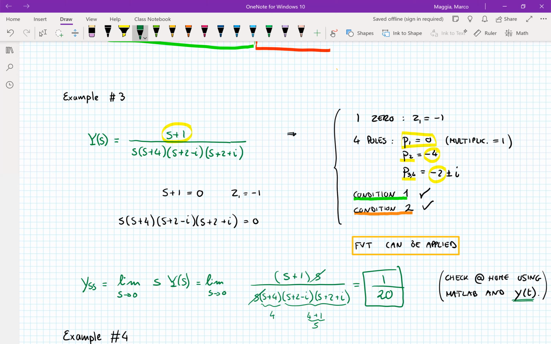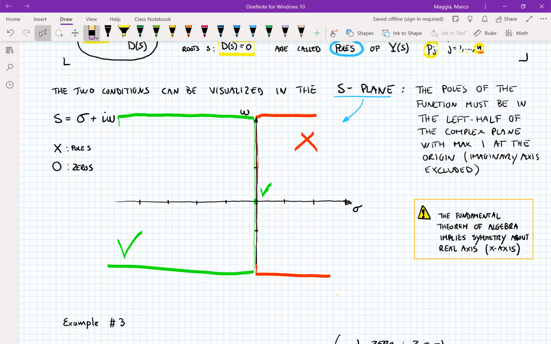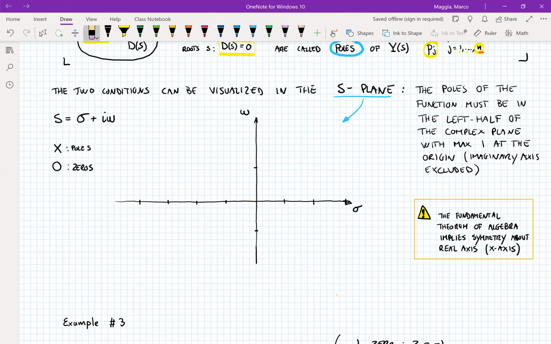One thing before moving to example number 3, what we can do is we can place the zero and the 4 poles in the S-plane. And so we can also graphically check the validity of the final value theorem. So I'm going to use the same color, green color.